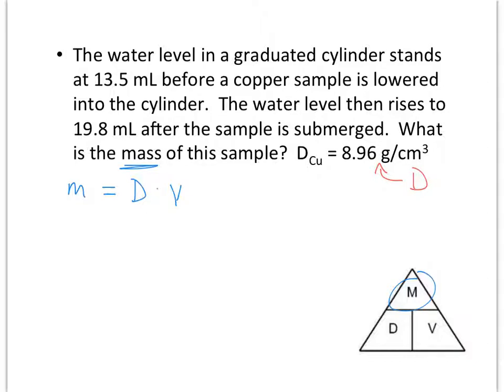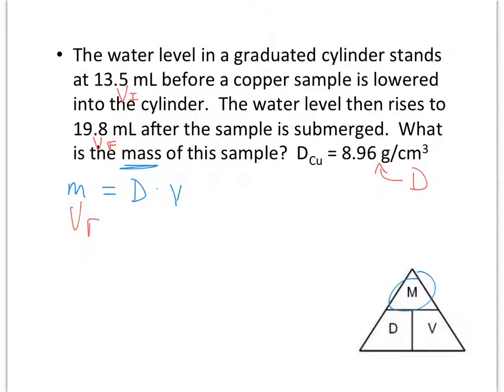I'm going to use the process of water displacement. So I have an initial volume of my water level at 13.5 milliliters. And then when I drop in a copper sample, which is more dense than the water itself, my water level is going to rise. So my final water level is going to be 19.8 milliliters.